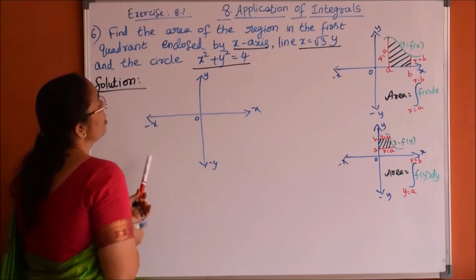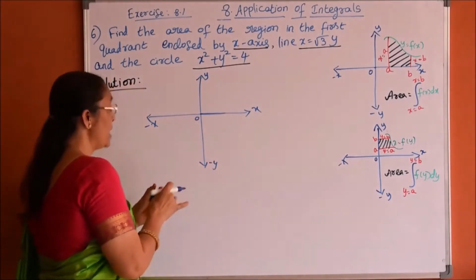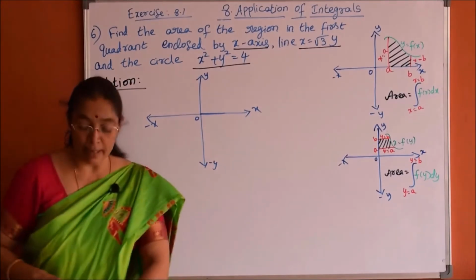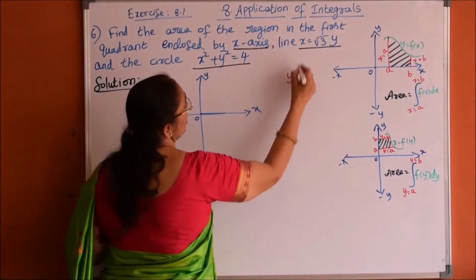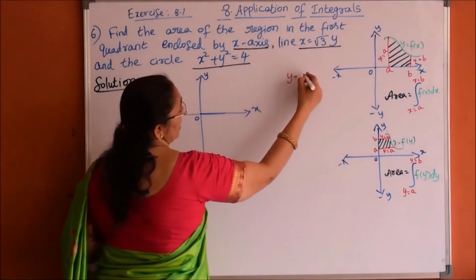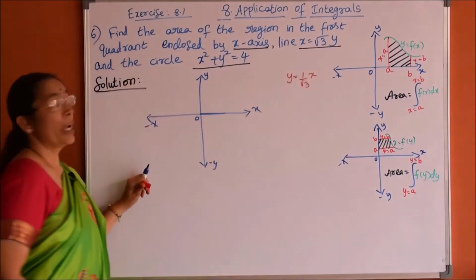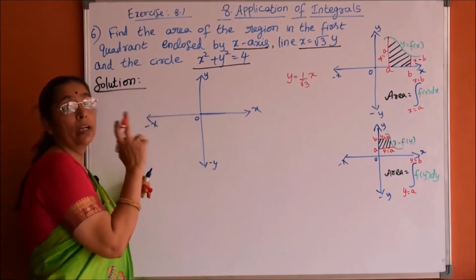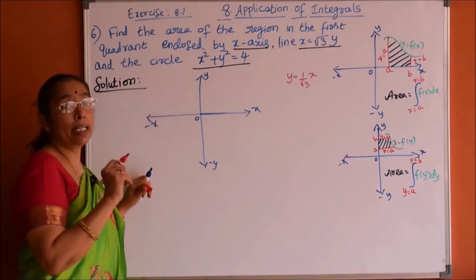Next one, the line x is equal to root 3y. So how will the line x is equal to root 3y be there? X is equal to root 3y is nothing but y is equal to mx form. So y is equal to x by root 3, or 1 by root 3 x we can say. So y is equal to mx, slope is here 1 by root 3. Slope 1 by root 3 means tan theta is 1 by root 3, theta is 30 degrees.